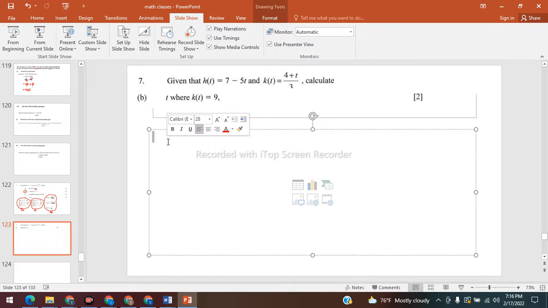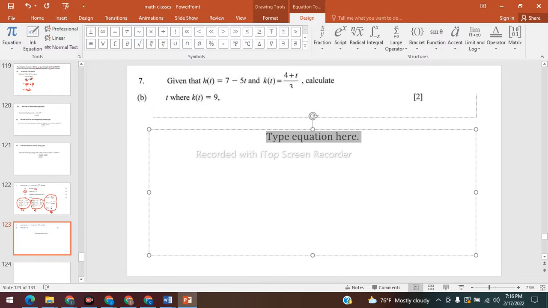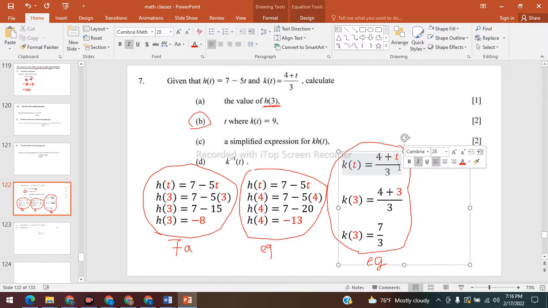Okay, so t where k of t is 9. This is very important. When we do k of t, they're telling us that k of t is equal to 9. That's very important. So they're telling us that this whole thing, k of t, is going to be equal to 9. And we saw what k of t is. k of t is this fraction.